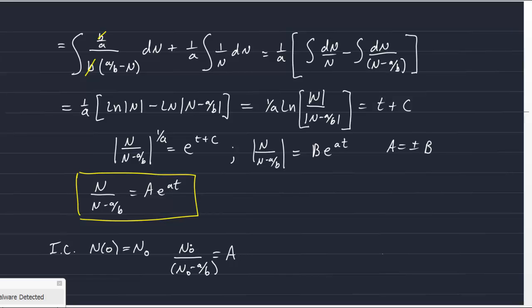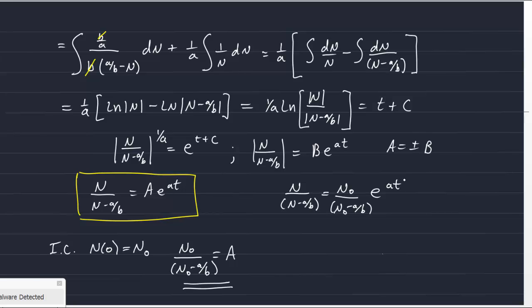And again, we substitute n0 for our initial condition. So this gives us the value of our constant, A. And so from that, we get that n over n minus little a over little b is equal to n0 over n0 minus a over b times e to the at.